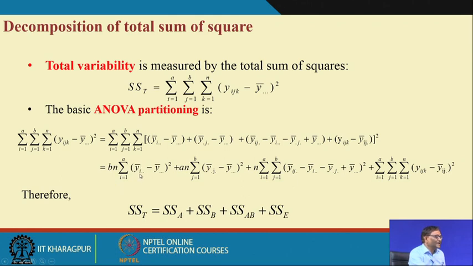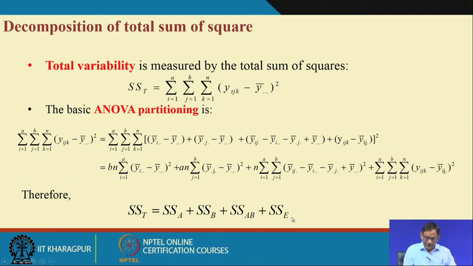The first is the row average from the grand average, then the column average from the grand average, then the cell average from the rest, and finally the individual observation from the cell average. So this term is known as the row effect, sum of squares A, this is sum of squares B, this one is sum of squares AB, and this one is sum of squares E.